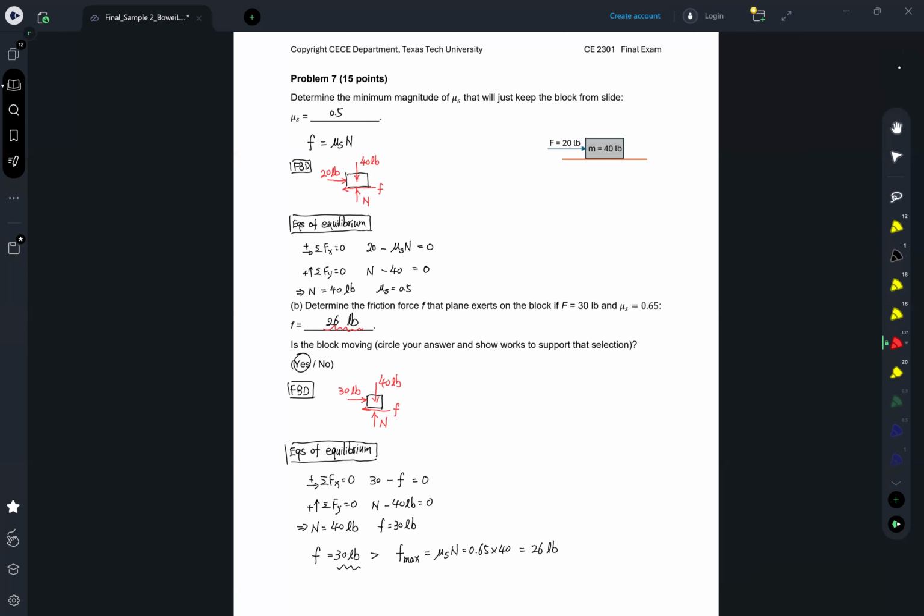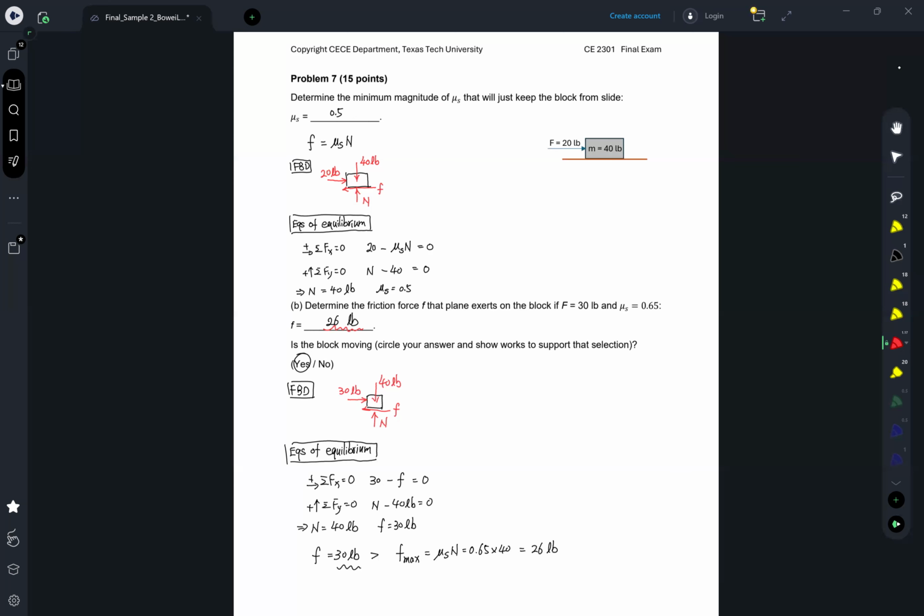In that case, first we are going to have force analysis, right? And since we are analyzing the block when it is about to move, we have the friction equals mu s N. That means we assume that the friction reaches its maximum here.